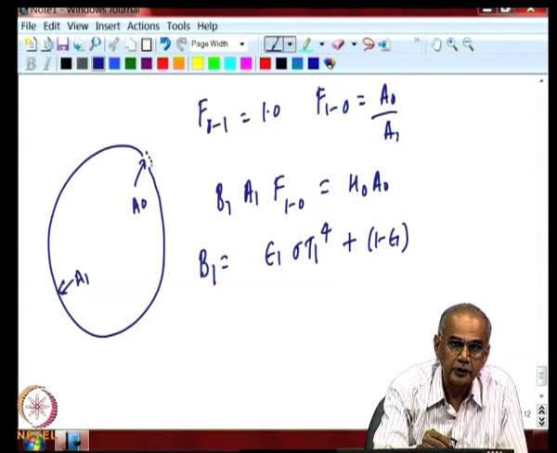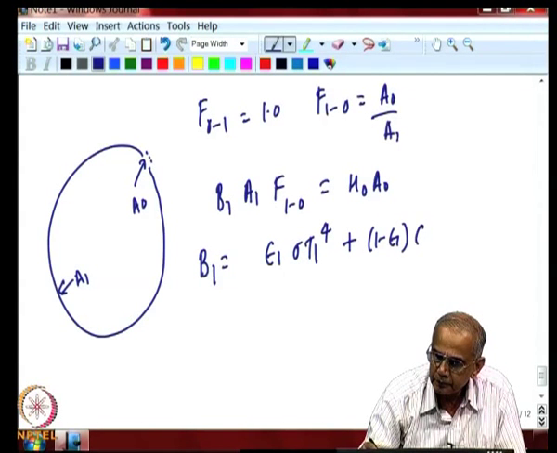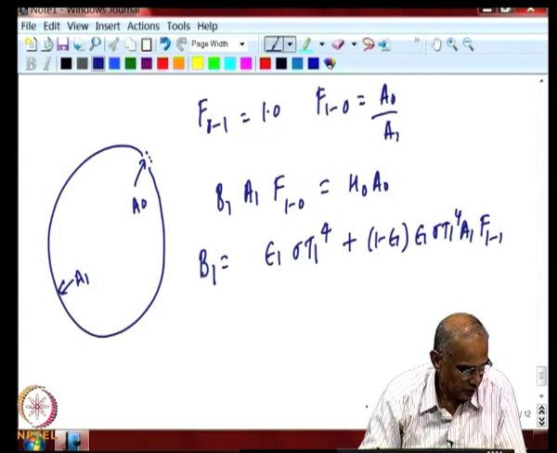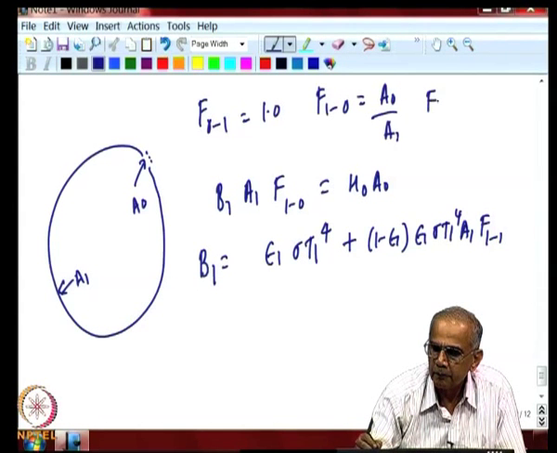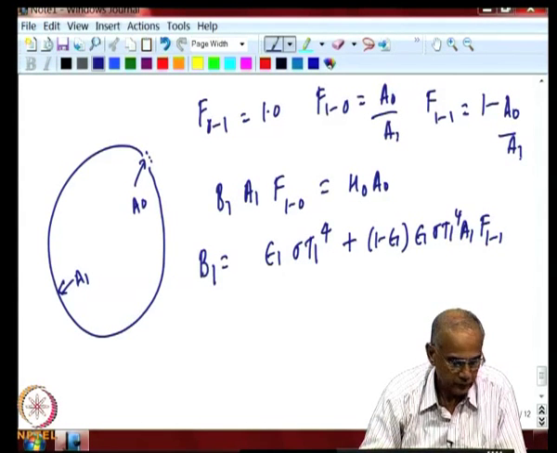A0 does not emit radiation, A0 is only an imaginary surface. So, the only radiation emitted is by surface 1 and it is seeing itself, F11. Okay. Since we know F10, we also know F11. So, F11 is nothing but 1 minus A0 by A1, right.